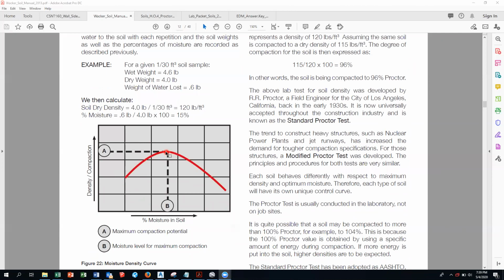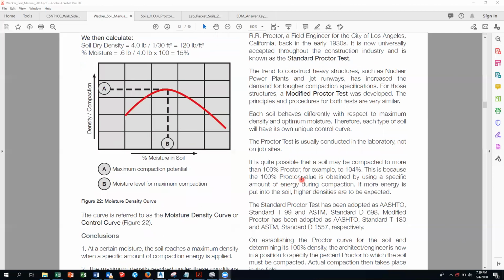And at the top of the curve is your maximum density and your optimum moisture content. And optimum means best. And here they talk about the behavior of soil. Soil behaves very differently. And therefore, each type of soil will have its own unique Proctor curve.